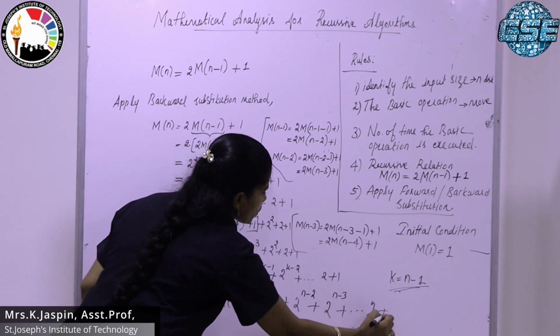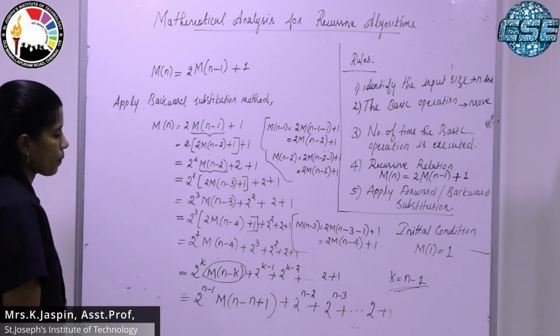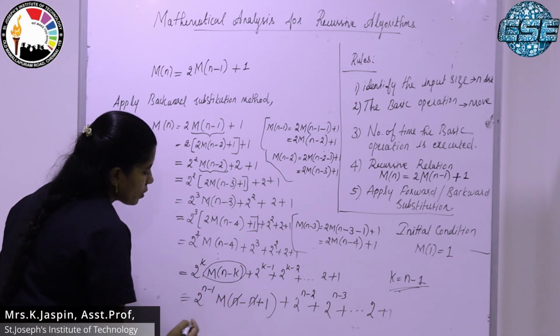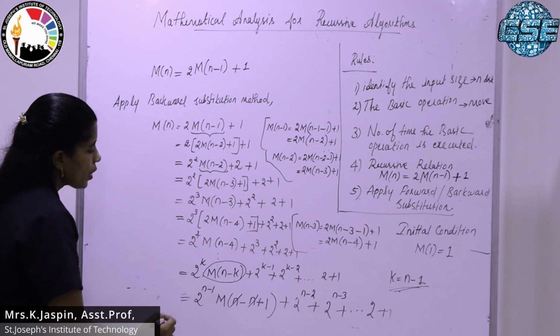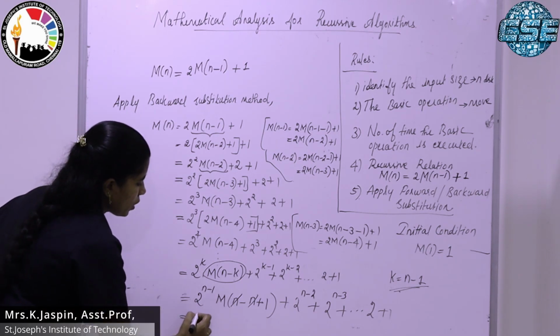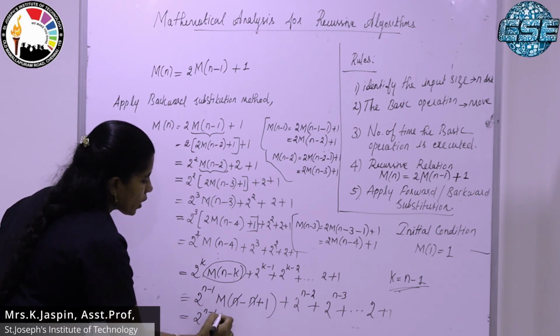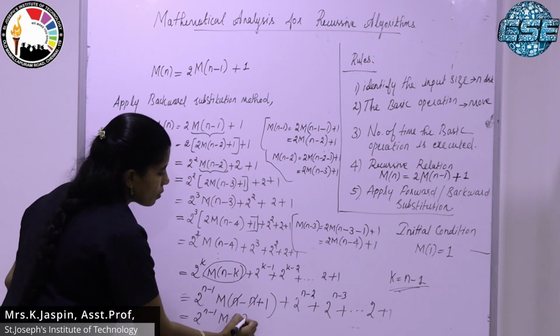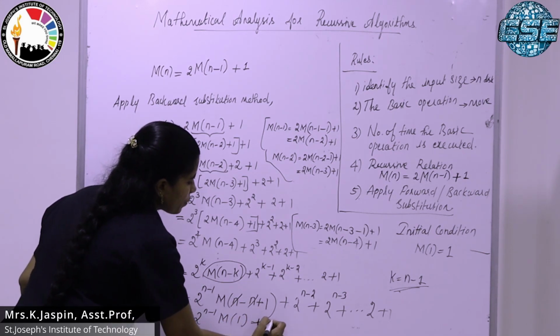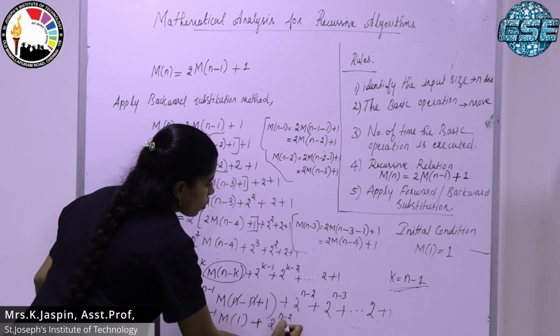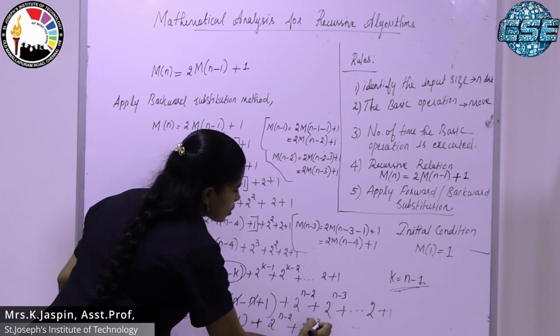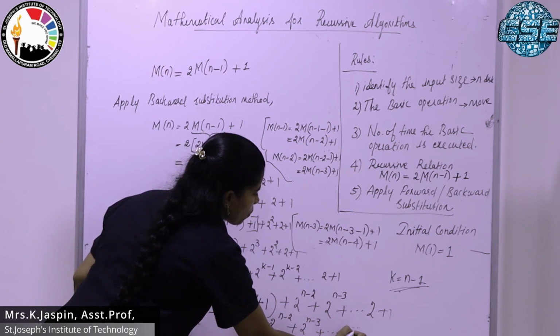Like that, 2 plus 1. So these both terms get cancelled. You will be getting 2 to the power n minus 1 m of 1 plus 2 to the power n minus 2 plus 2 to the power n minus 3 plus 2 plus 1.